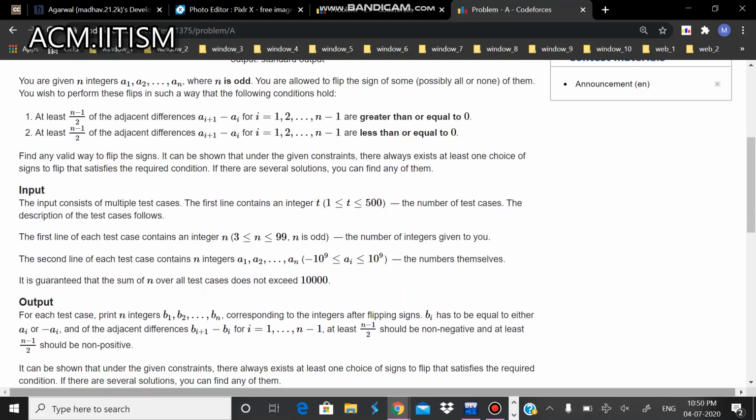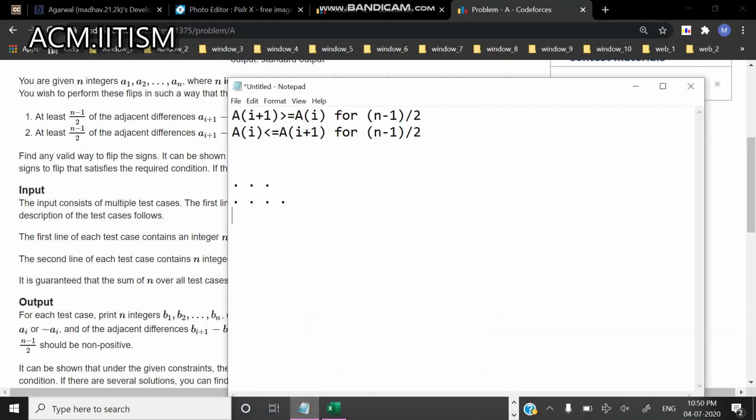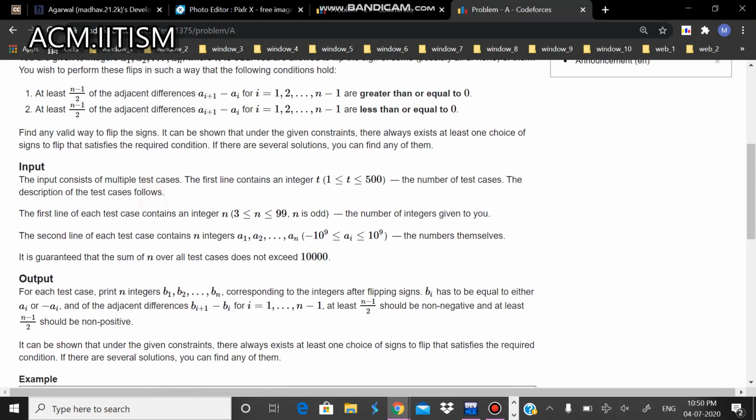What they mean by adjacent differences is that a of i plus 1 should be greater than a of i for at least n minus 1 by 2 elements, and a of i should be less than or equal to a of i plus 1 for at least n minus 1 by 2 elements, right?